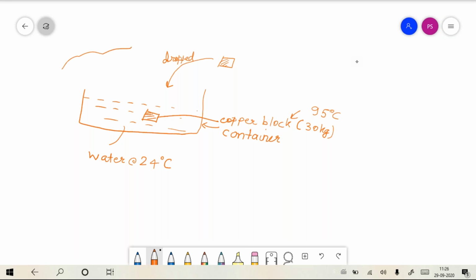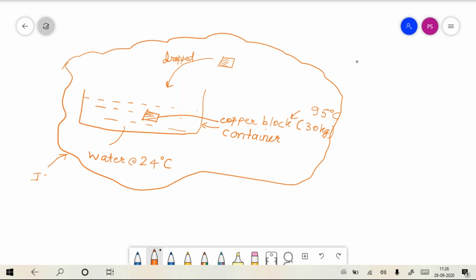You are assuming that this is an isolated system, meaning that there is no interaction of this system with the universe. And the heat transfer which is happening is an ideal heat transfer.